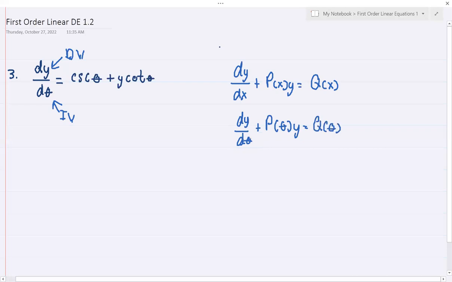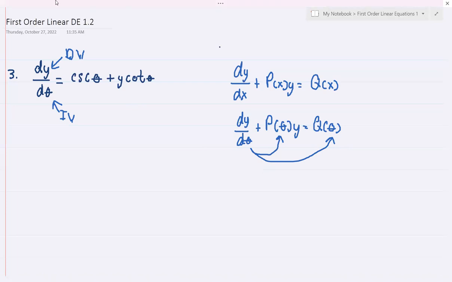Remember, if x is the independent variable, you will have p of x and q of x. But if theta is your independent variable, like this one, the input of your function p is theta. So p of theta, and we have q of theta. So be very careful.